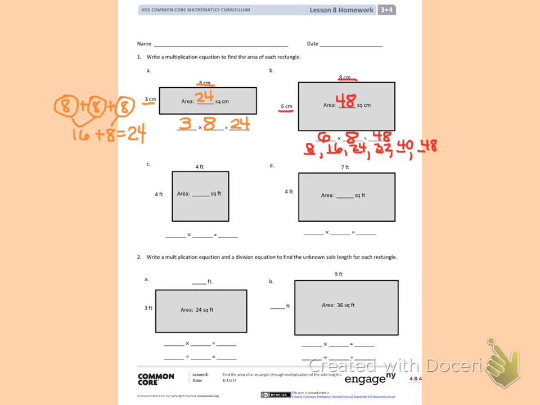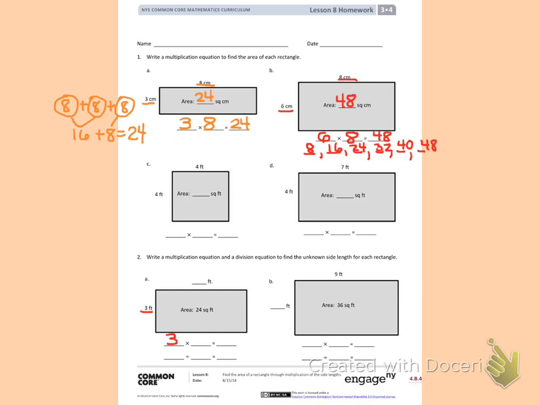Now let's look at item 2. Write a multiplication equation and a division equation to find the unknown side length for each rectangle. Item A. They've shown you here that the shorter side length is 3 feet. FT stands for feet. So I'm going to go ahead and put the 3 right here.